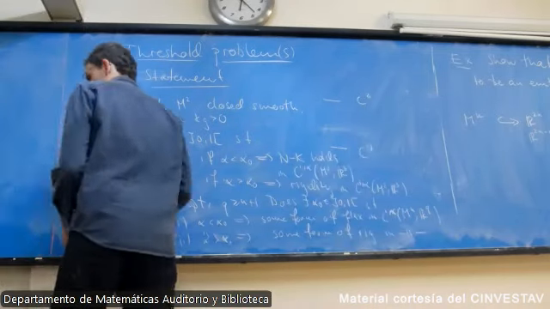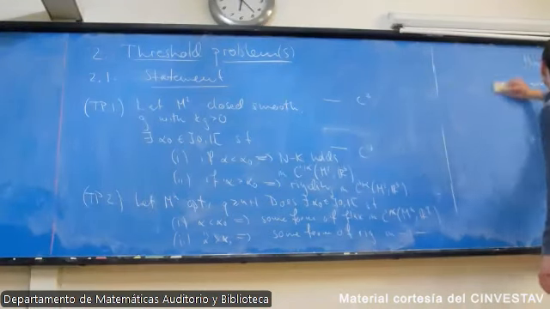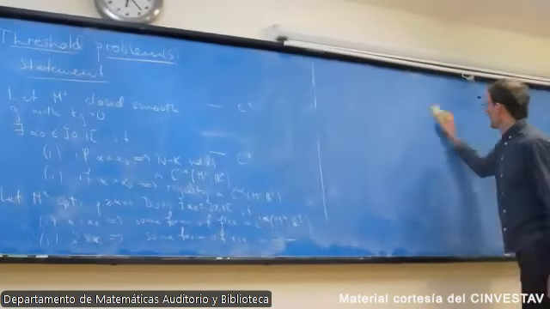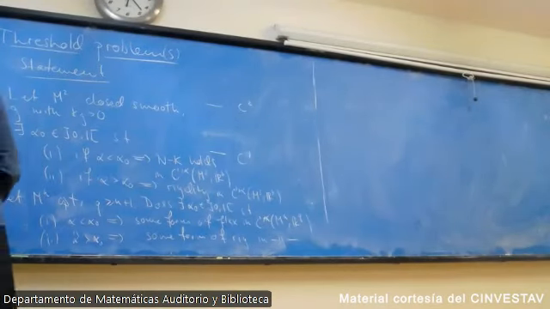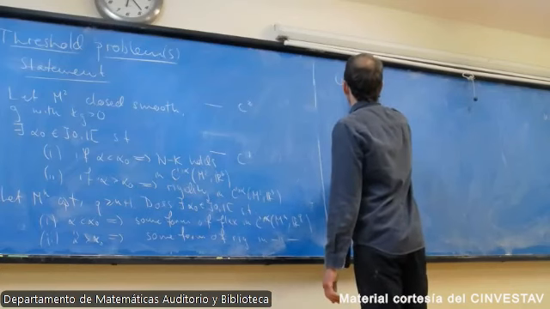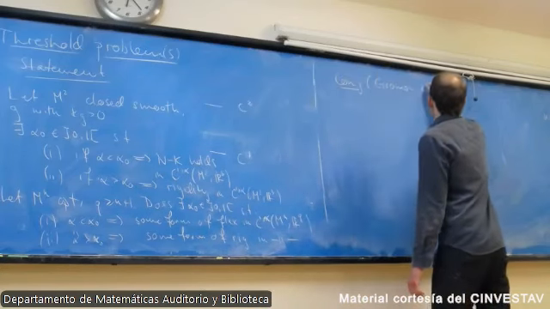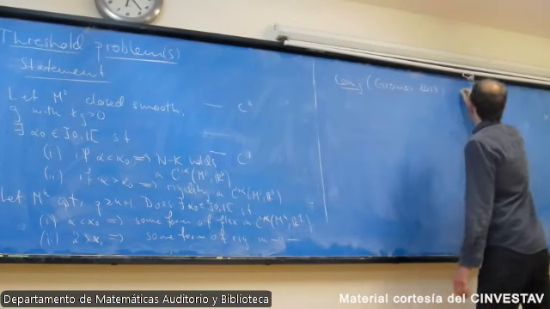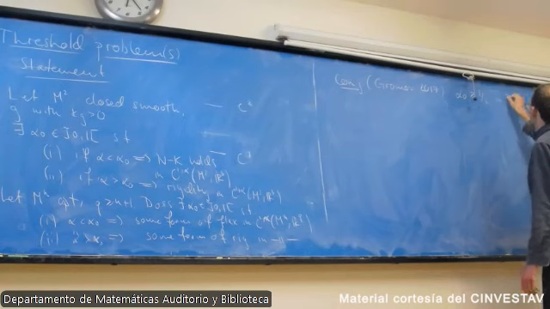And let me state the conjecture by Gromov. He puts it more vaguely, but the conjecture of Gromov, 2017, is α_0 bigger than or equal to 1/2 in threshold problem 2.1.